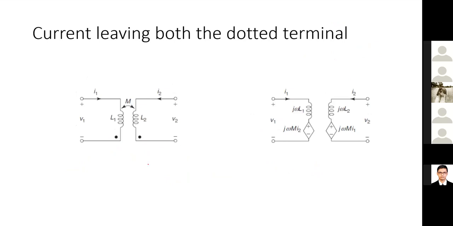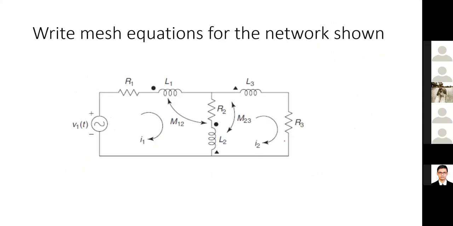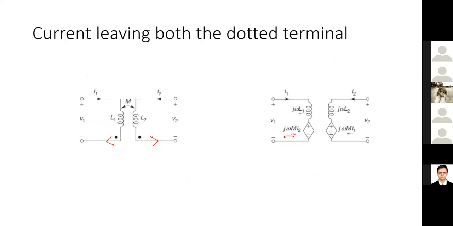So look here. Current is leaving the dotted terminal, so the sign of M and the sign of L are the same. So what will V1 be here?